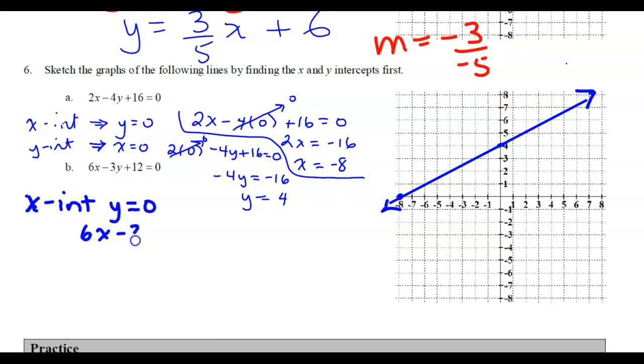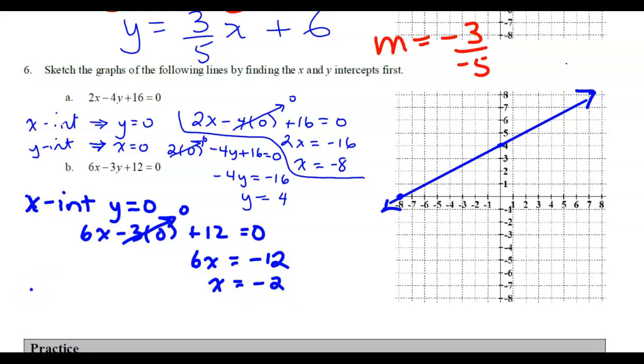So minus 3 times 0 plus 12 equals 0. So this term goes away. You didn't have to show work, you just cover it up. What's left is 6x plus 12, but we need to isolate for x, so 6x equals negative 12, so x equals negative 2.